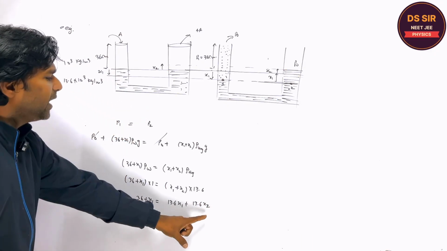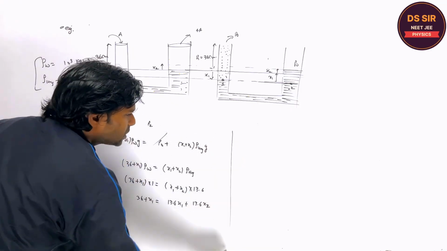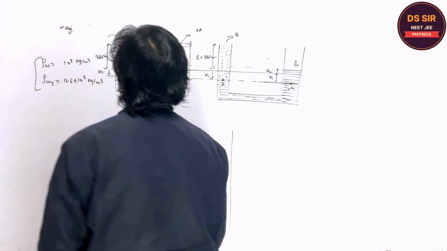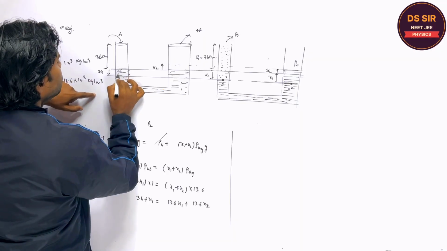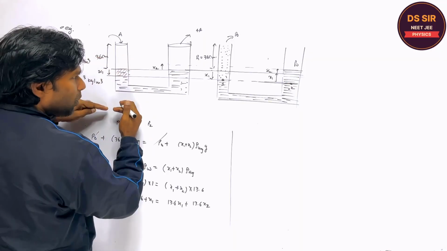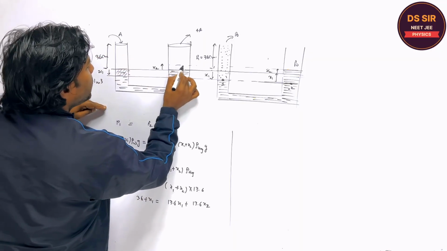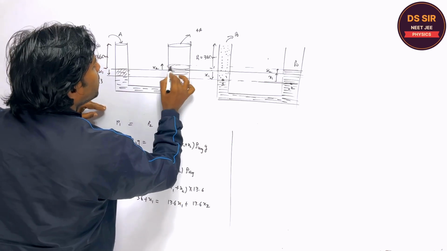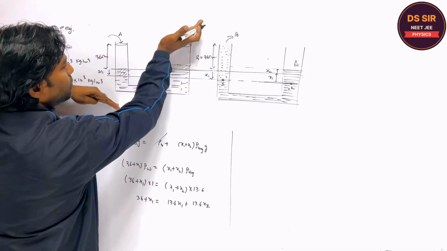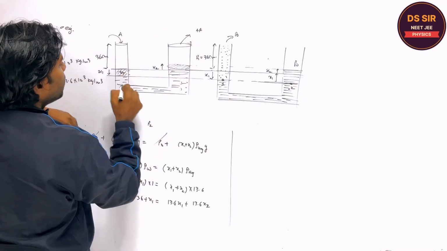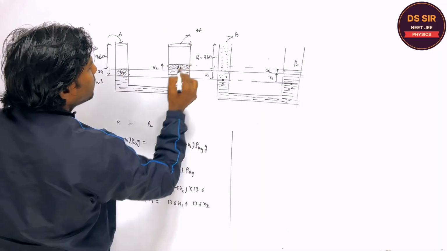We have to find the x2. One more relation we should use, and what is that? Listen, this is the volume which falls down, and this is replaced in this volume. Is it clear or not? This falls down and this moves up. So this volume V1 and this volume rise V2.